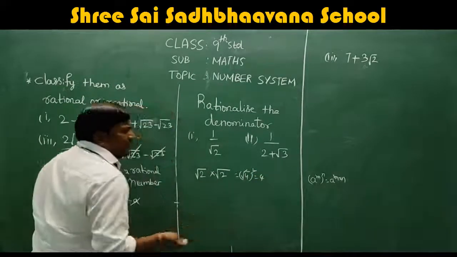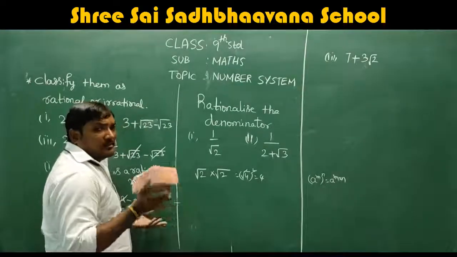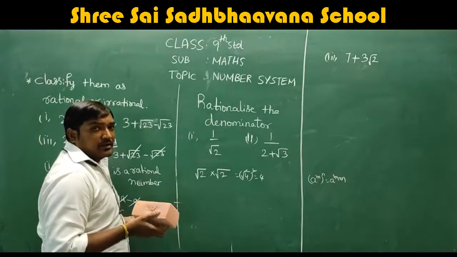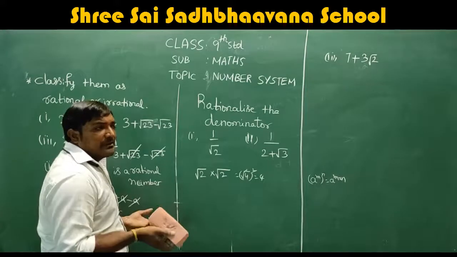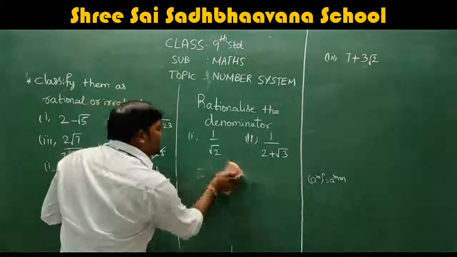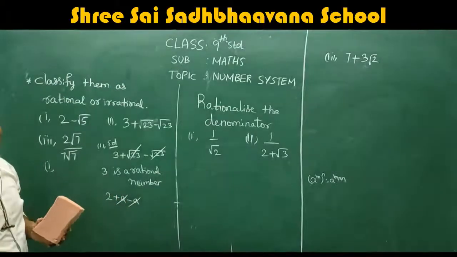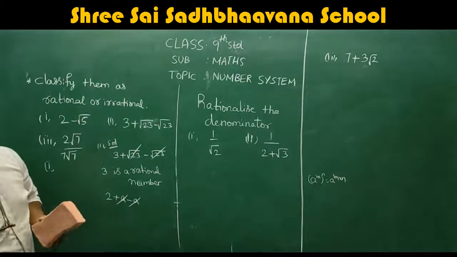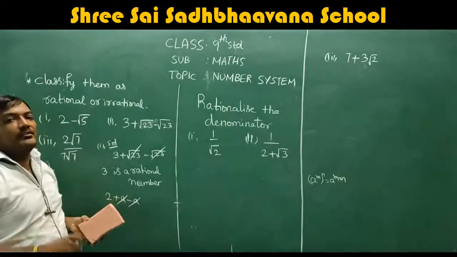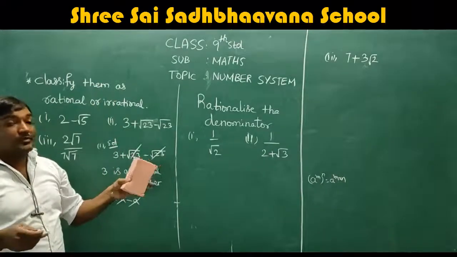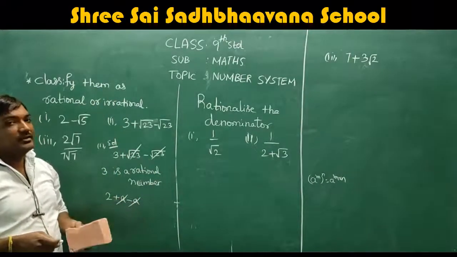Correct? So if you keep giving examples, there are lots of them. Got it? So most of the cases, if you multiply an irrational number with the same irrational number, for example root 2 with root 2, root 3 with root 3, root 5 with root 5, definitely it will become a rational number because square and root will get cancelled as I explained before.